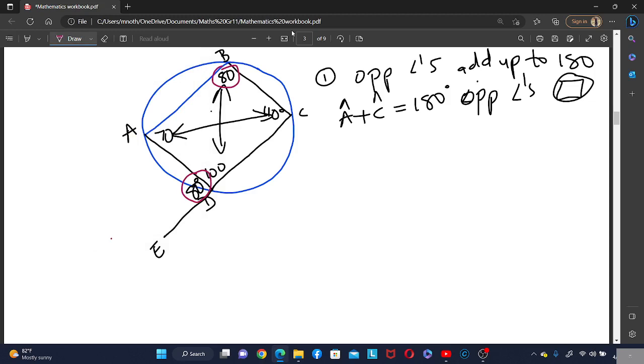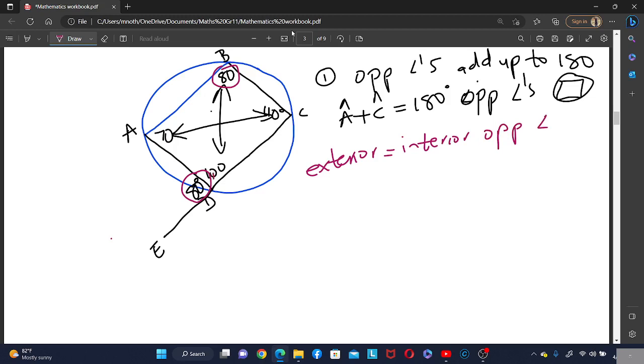So in a cyclic quadrilateral, an exterior angle, an angle that is outside the quadrilateral, is equal to the interior opposite angle.